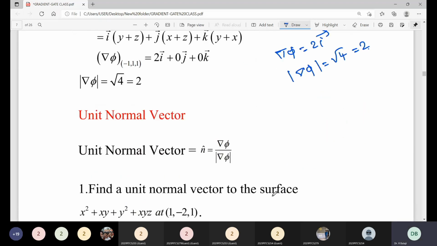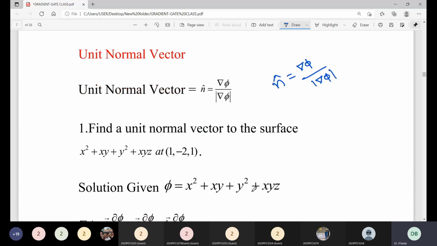Unit normal vector. Unit normal vector n cap is equal to del pi divided by modulus of del pi. So find a unit normal vector to the surface x square plus xy plus y square plus xyz at 1 comma minus 2 comma 1.